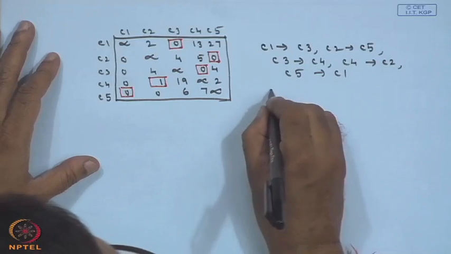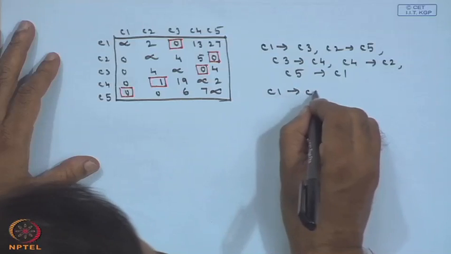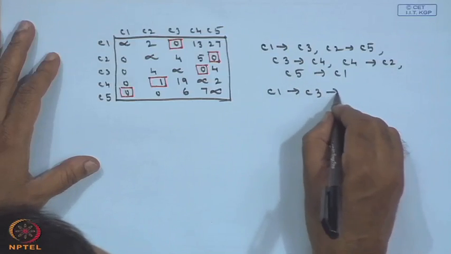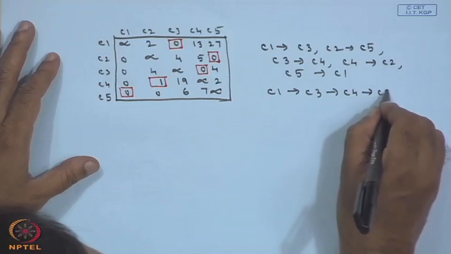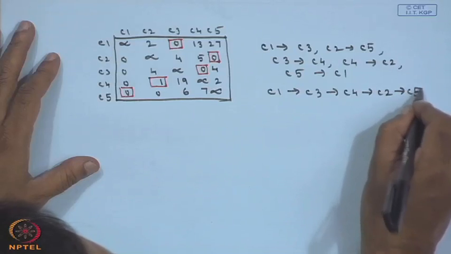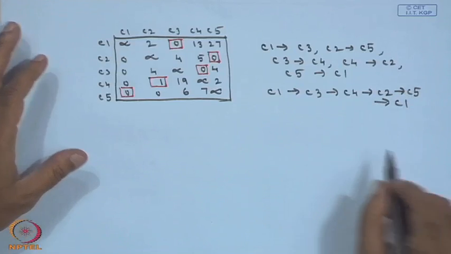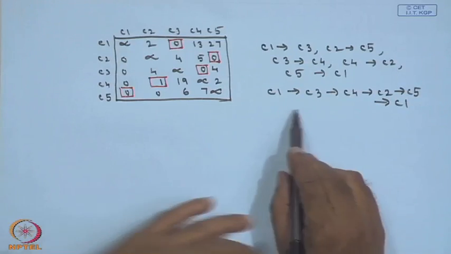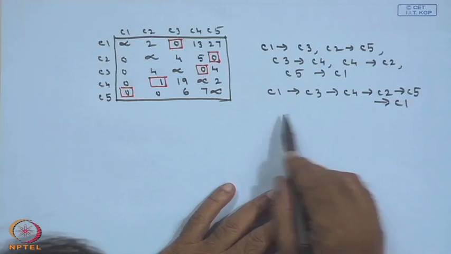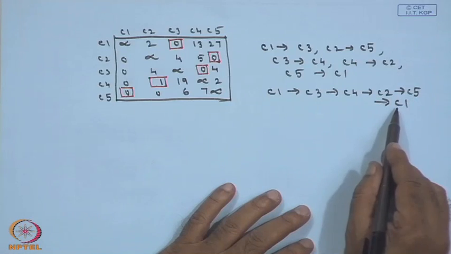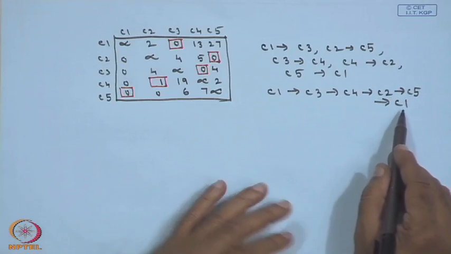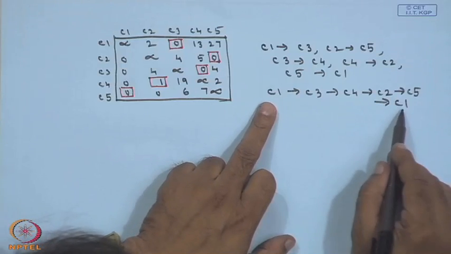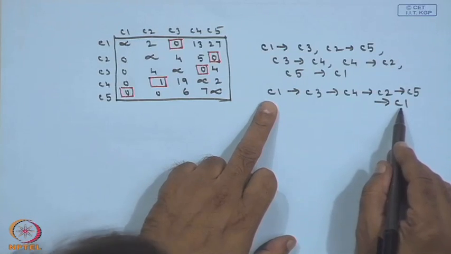So I can make the cycle like this: C 1 to C 3, C 3 to C 4, C 4 to C 2, C 2 to C 5, C 5 to C 1. Now I have visited all the cities C 1, C 2, C 3, C 4, C 5 and it forms one cycle: I started from C 1 and I am stopping at C 1 also.